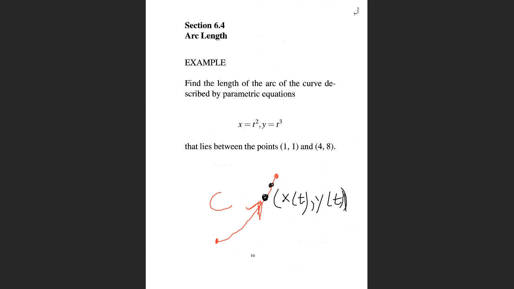So for this problem, the arc that we want has parametric equations x equals t squared and y equals t cubed. And they're saying that the point (1, 1) is on the arc. That's your starting point. Why is (1, 1) on the arc?